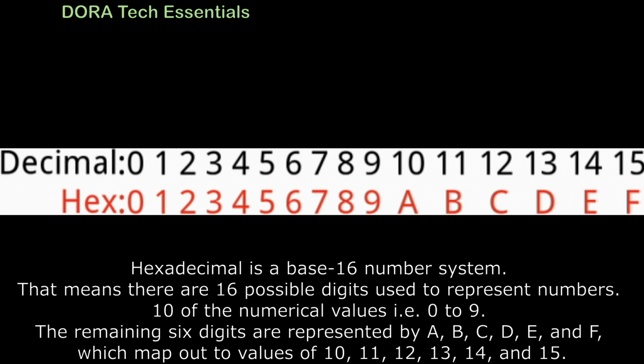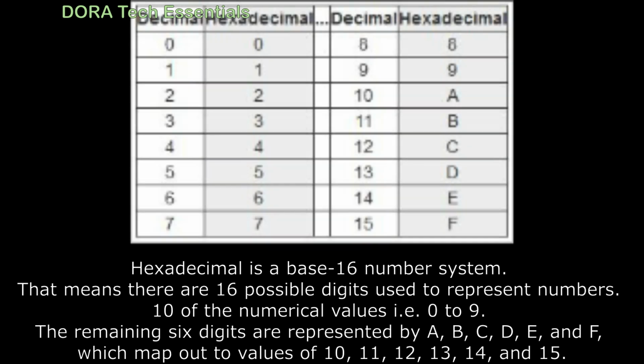That means there are 16 possible digits used to represent numbers. 10 of the numerical values, i.e. 0 to 9. The remaining 6 digits are represented by A, B, C, D, E, and F, which map out to values of 10, 11, 12, 13, 14, and 15.